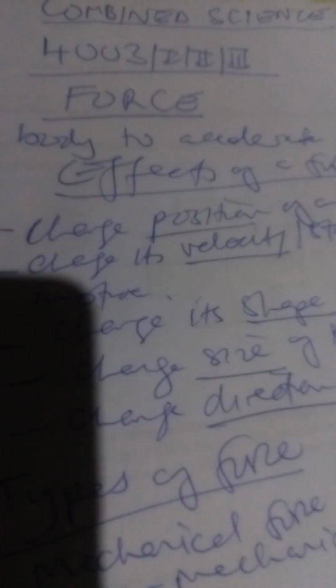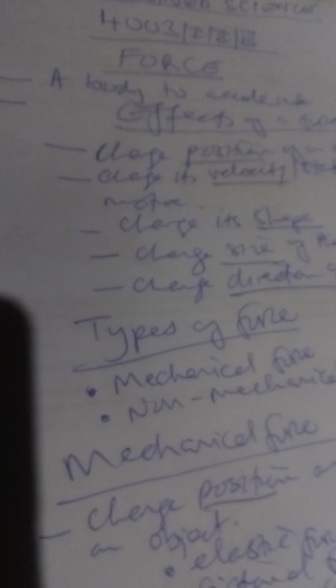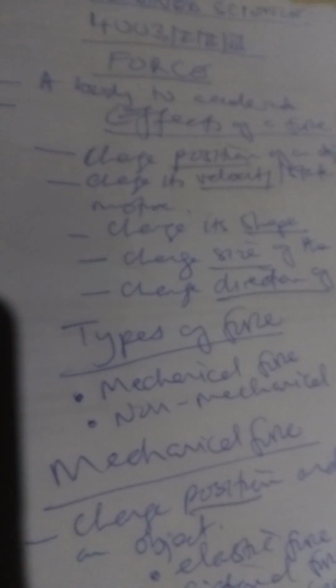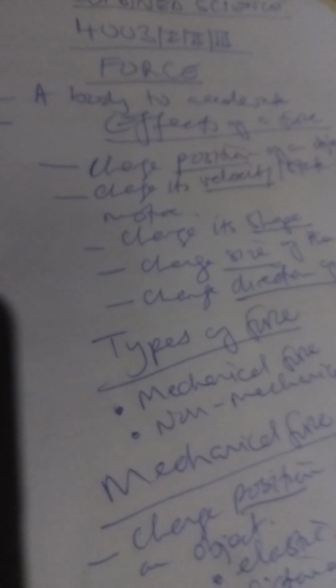A force can change position of an object, can change velocity, can change shape, can change size, can change direction. Those are the 5 major effects of a force. Then we moved on to the types of forces. We have mechanical force and non-mechanical forces. The mechanical forces are elastic force, frictional force, tension force, and normal force. And I explained each one loosely.